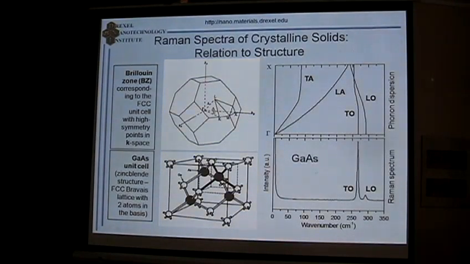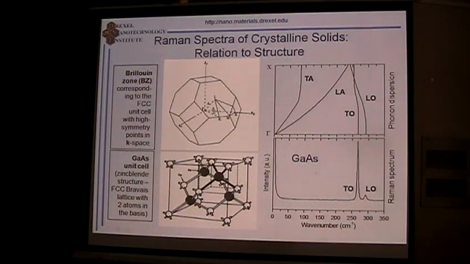Of course, what I showed to you before was the case for molecular spectroscopy. In reality, in solid state, you have to deal with interaction of photons, radiation, with phonons in the lattice.